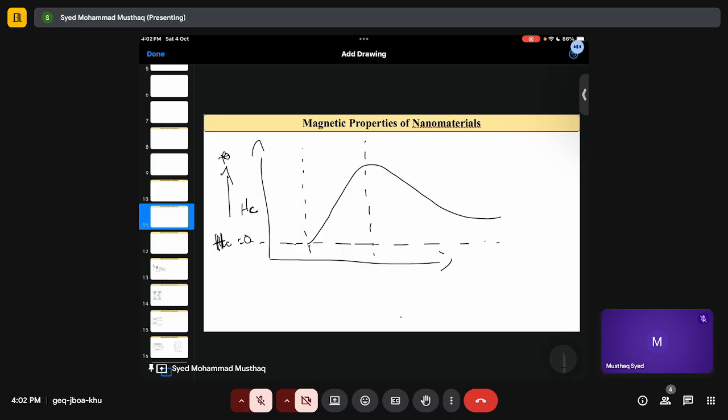It is HC, not H. And this is my grain size. So whenever I start decreasing my grain size, please remember, there is no good correlation. There are correlations, but there are no exact correlations between the domains and grain or crystallite size. There are some empirical correlations, but no exact correlation.